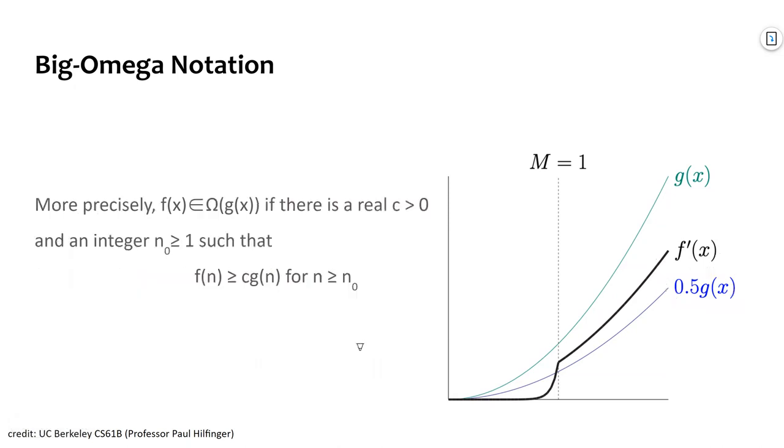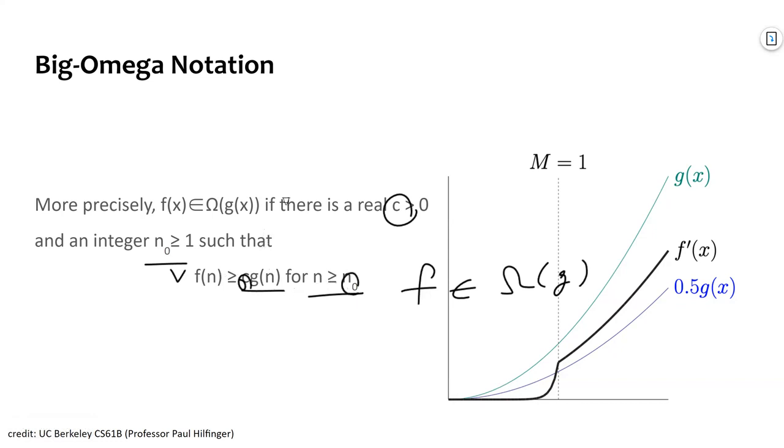So more precisely, if we can find a real constant c larger than 0 and an integer n0 such that f(n) is always larger than c times g(n) when n is larger than n0, then we say f is inside the big omega of g. You just need to find c and n0.